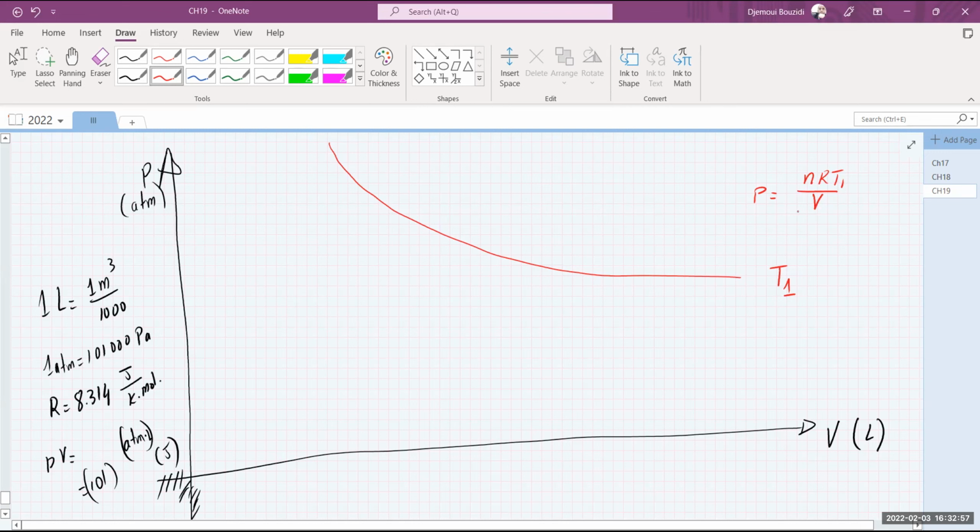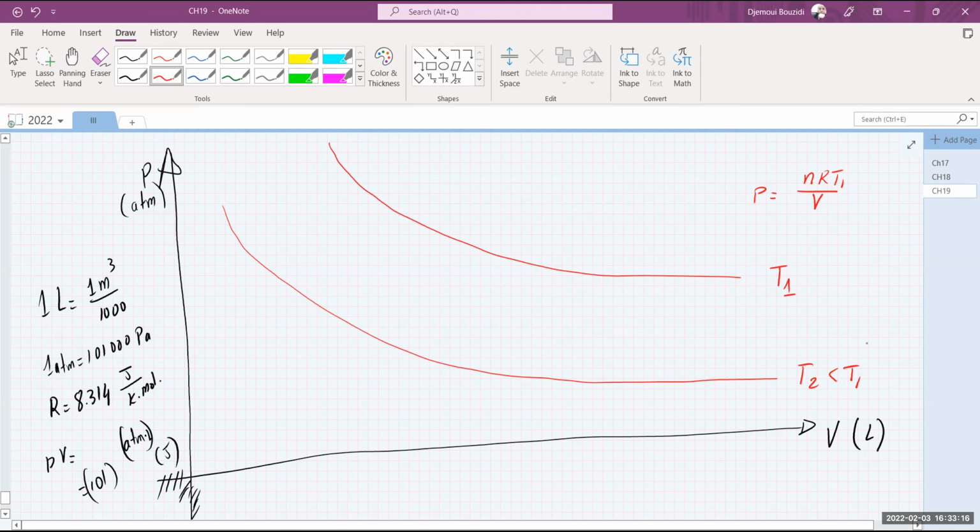When V goes to 0, this blows up, this goes to infinity. When V goes to infinity, the pressure drops to 0. But for another temperature, it could be like this. So this is for T2, which is clearly less than T1, okay?